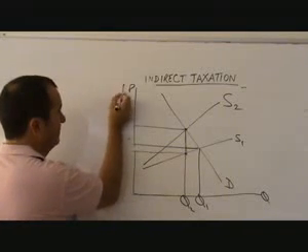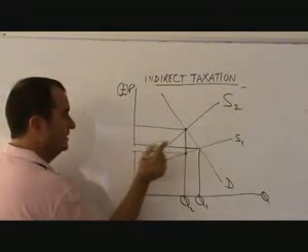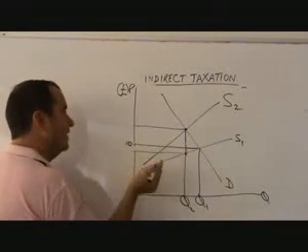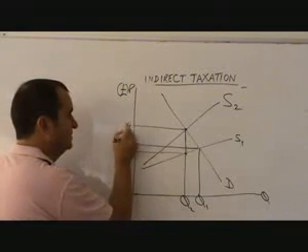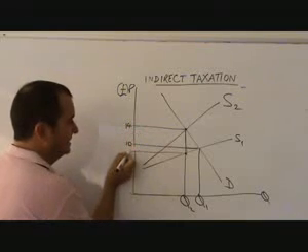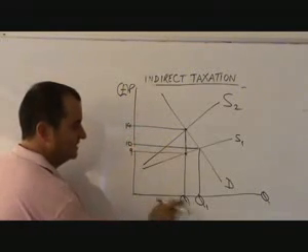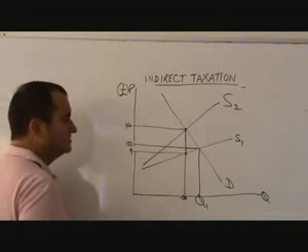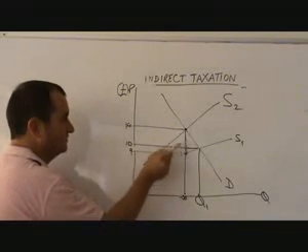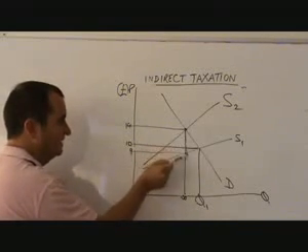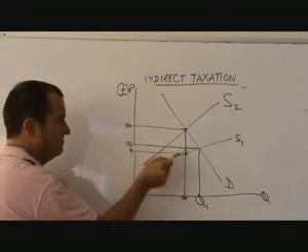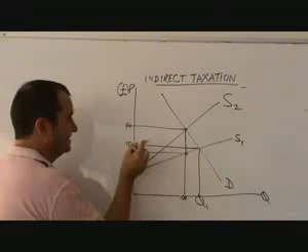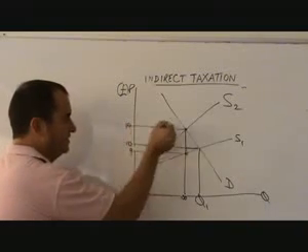Let's say that this is pounds and the old equilibrium price was 10. The new equilibrium price is 14. And let's say here we have 9, we can see, and let's say this quantity is 100, we can see that the entire tax revenue is, well, tax per unit is £5, the difference between 9 and 14, £5, and the number being sold is 100, so the entire tax is 500.